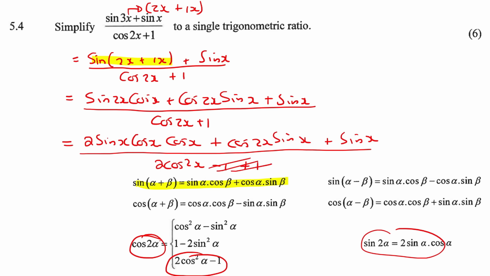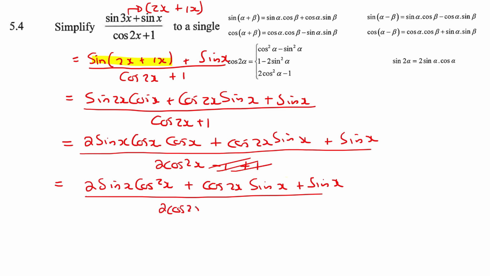And so if we simplify a little bit now, we end up with 2 sin x cos squared x, and then cos 2x sin x plus sin x, and then at the bottom 2 cos squared x. Now at the top, I see we can take out a sin because there's a sin in every term.